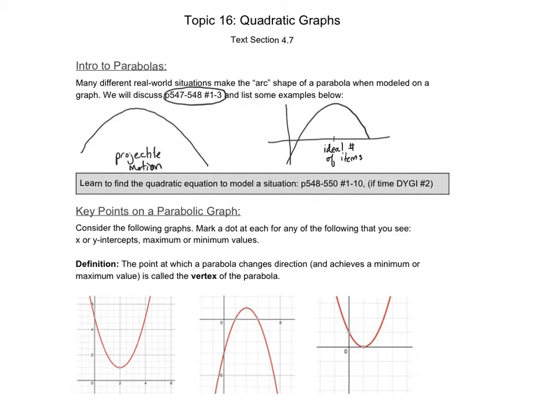If I make just the right number of items, then I'm making the most profit because I'm able to sell them without reducing the price and without losing money other ways. So we'll find that there is an ideal number of items and we can model profit using, again, a quadratic equation.